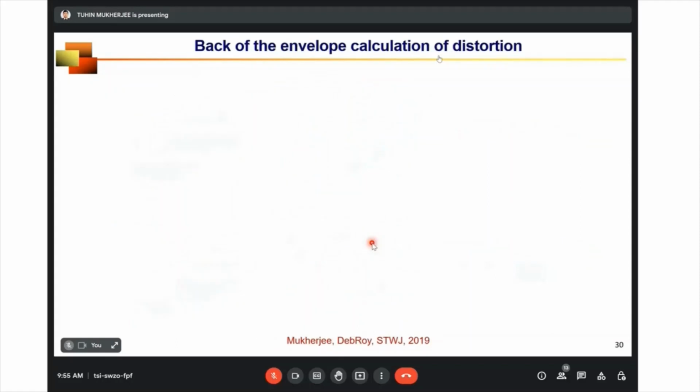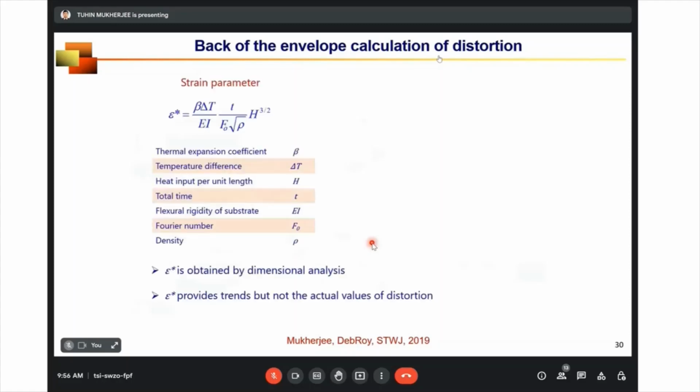So for strain and distortion also, we can do back of the envelope calculation. The only thing we need is a phenomenological understanding of how distortion occurs and the variables that affect it. For example, beta delta T, which is proportional to distortion.